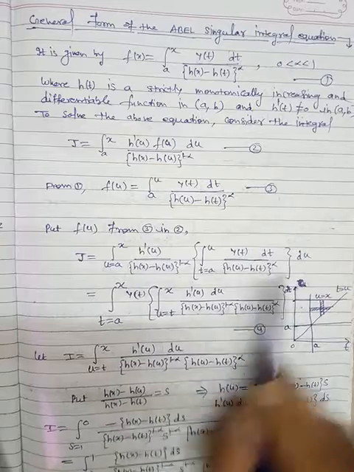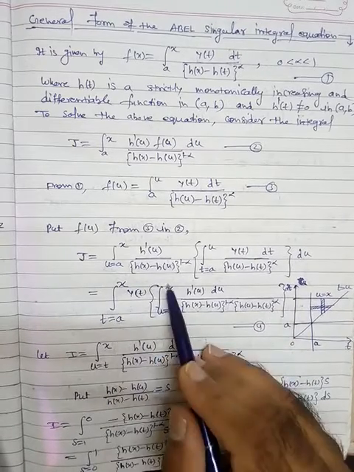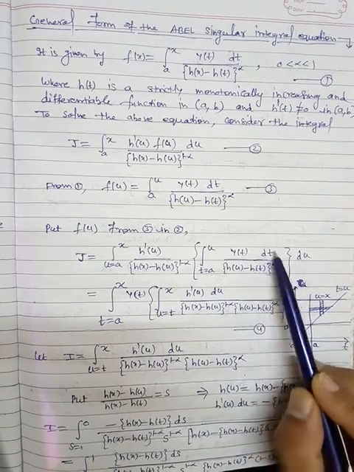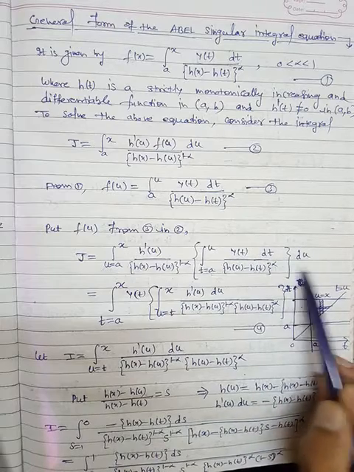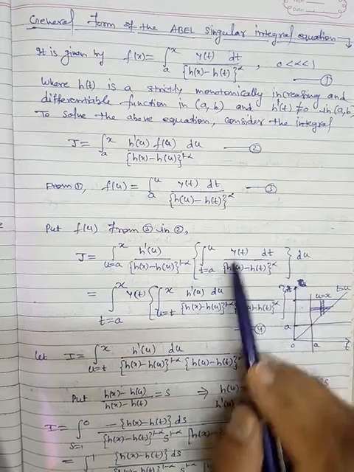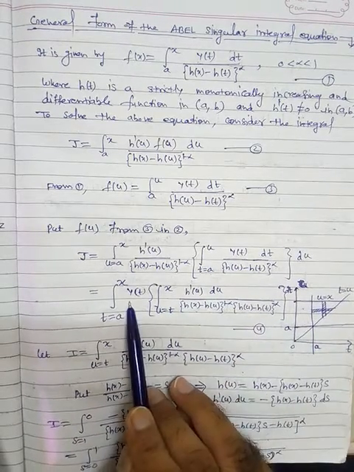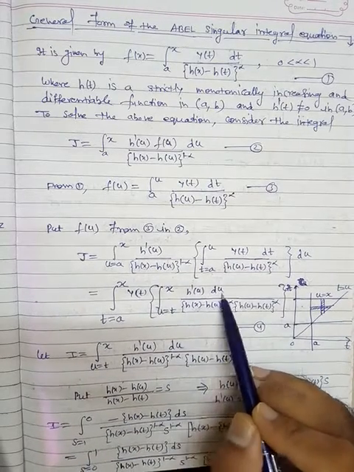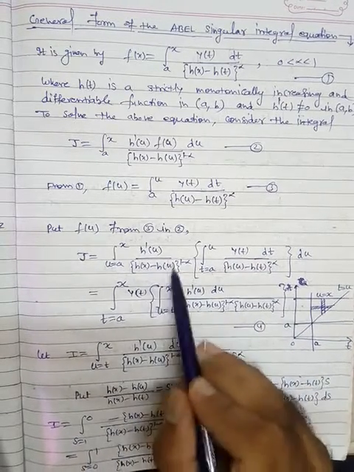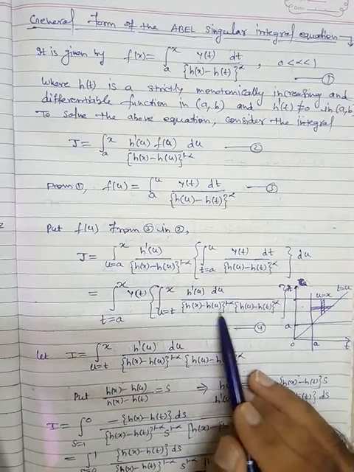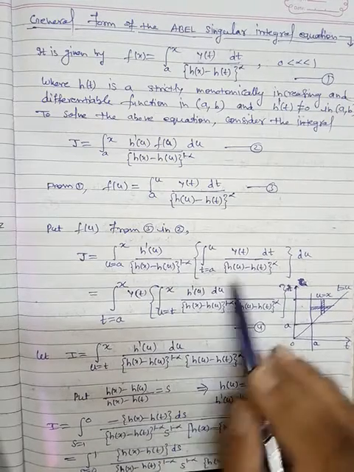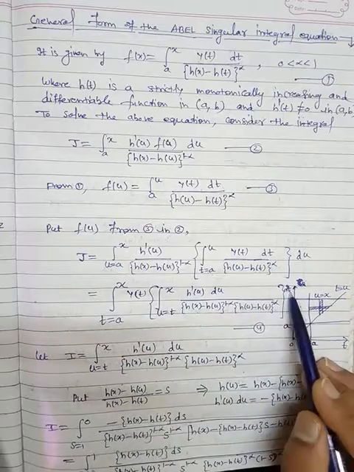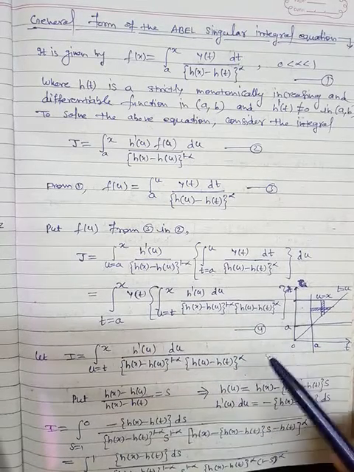Now apply the change of order. In the double integral we first integrate with respect to u, rather than t. So y(t) will be outside and h'(u) will be inside: h'(u) du divided by (h(x) - h(u)) raised to the power 1 minus alpha and (h(u) - h(t)) raised to the power alpha, and then dt. Now the limits.